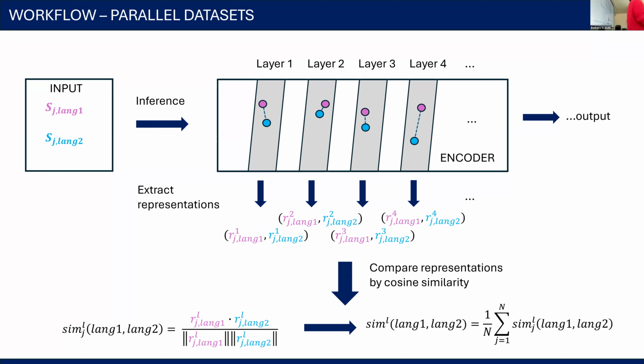So basically, I have a sentence that says, hello, my name is Barbara, and one that says, hola, me llamo Barbara. These are the same sentence. I take the representation and I compare them by cosine similarity. And then finally, I just average over all the cosine similarities over all the sentences that I have. And this is for parallel datasets.